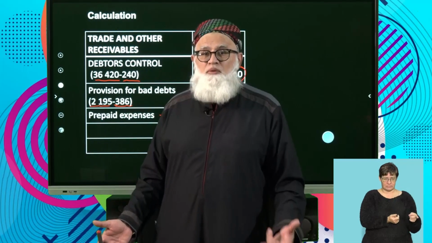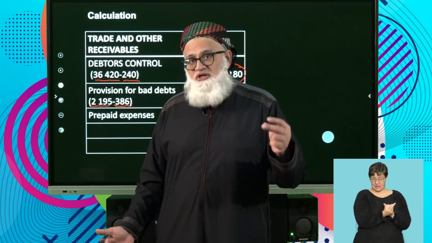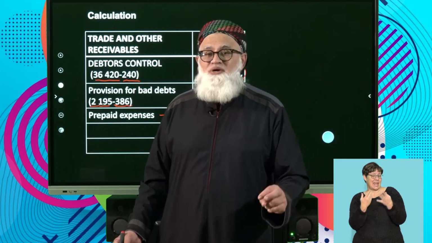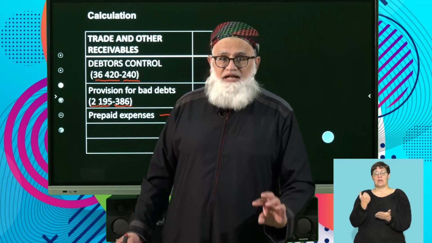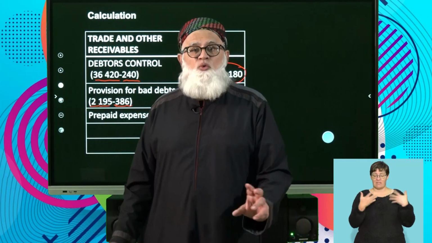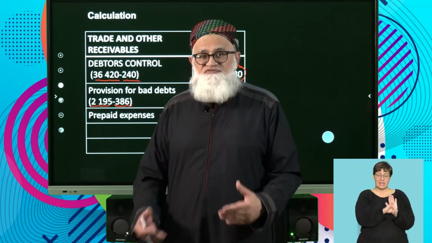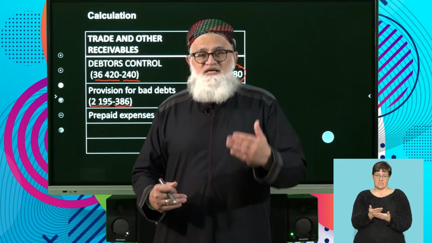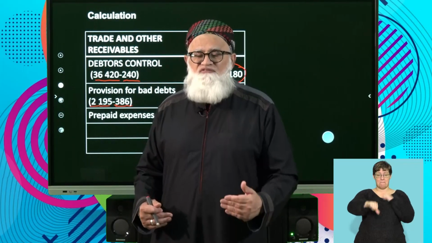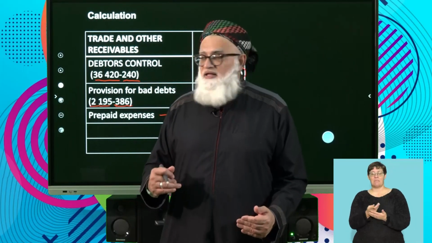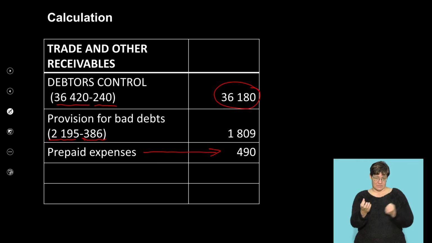So that could also appear. And the last item that could appear there would be your insurance claim. We've dealt with this in our previous lessons, where the insurance company have accepted our claim, but they haven't paid us as yet. That insurance claim will feature under trade and other receivables.